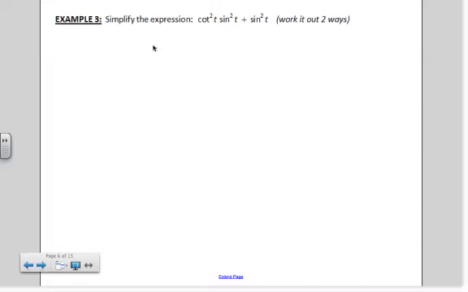Okay, so let's use our identities that we just learned, and we're going to work this out two ways. Leave room on both sides for two things. First of all, let's rewrite the problem so we can show every single step: cotangent squared t times sine squared t plus sine squared t.